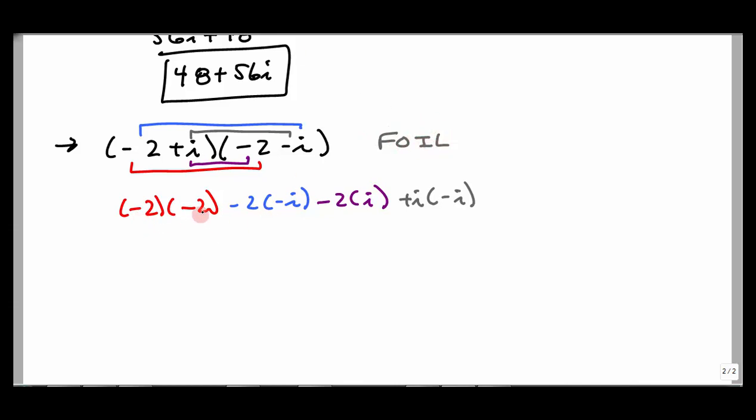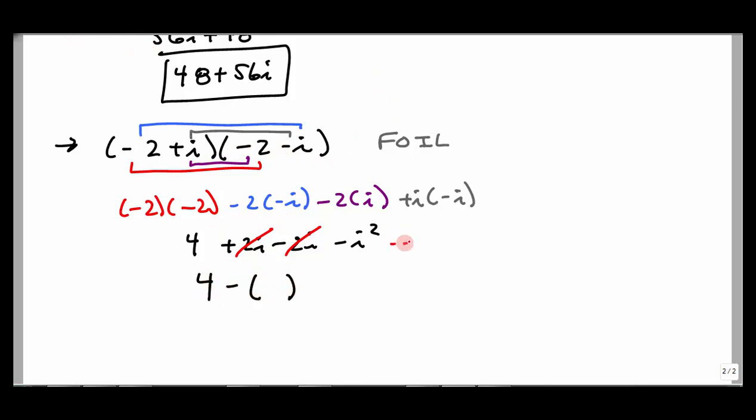Now as we simplify, -2 times -2 is 4. Here I have a +2i. Here's a -2i. And at the very end, I have a positive times a -i squared. Well, right away, these cancel, and that makes sense because these are conjugates. -2 plus i, -2 minus i. And I'm just left with 4 minus i squared.